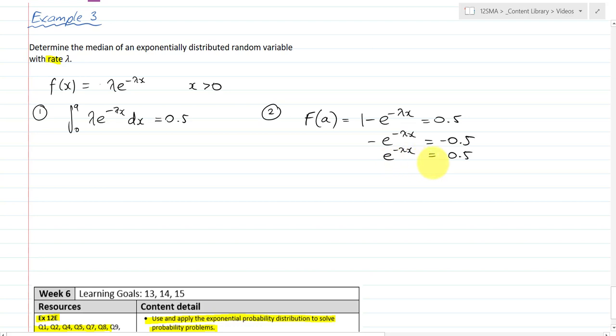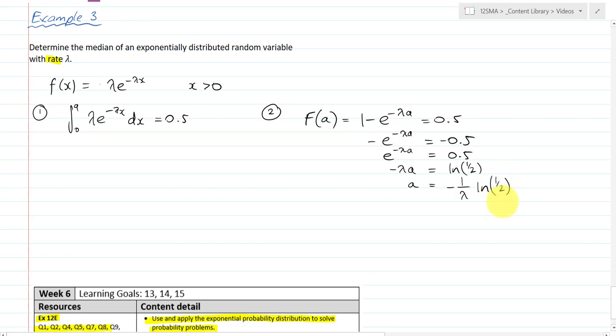I take a log of both sides: negative lambda a equals the natural log of a half. Then I divide by negative lambda, and I get a is equal to negative 1 over lambda times log of a half, whatever that value is.